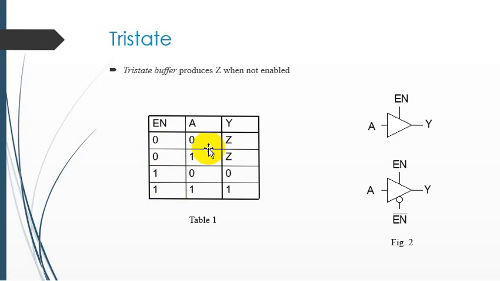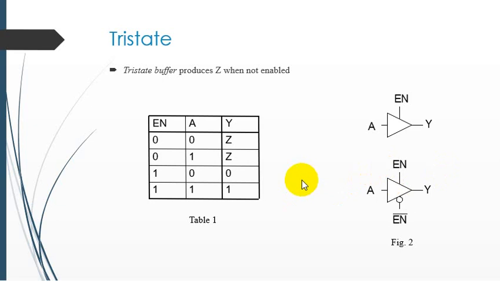So you can easily see that the transmission gate has the same truth table as a tri-state buffer. It only requires 2 transistors, but it is a non-restoring circuit. So make sure that it's a non-restoring circuit, and if the input is noisy or otherwise degraded, the output will receive the same noise.